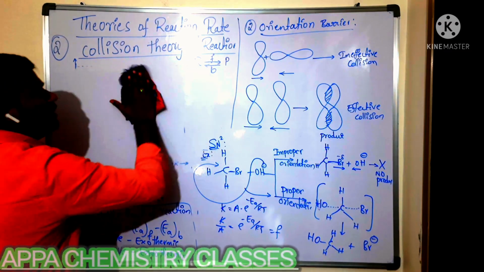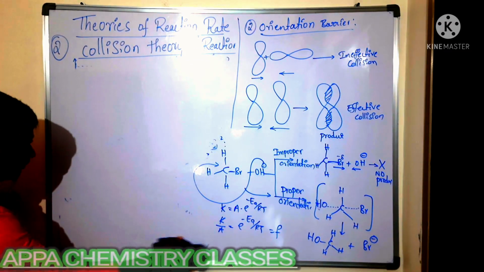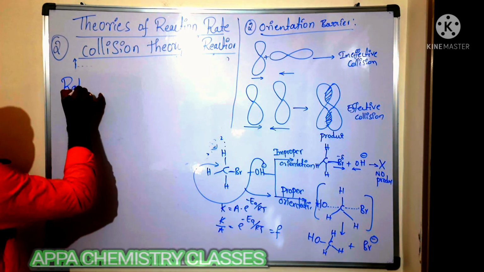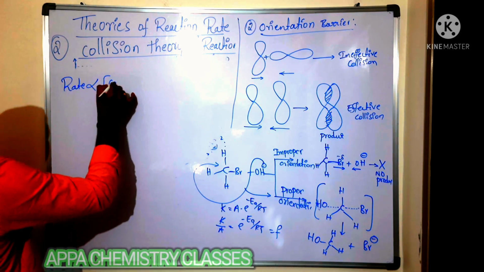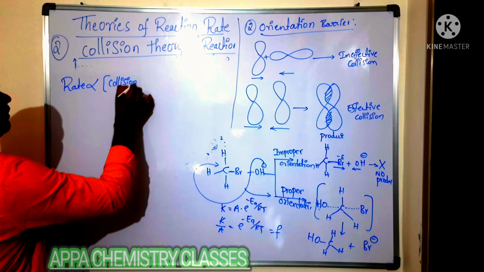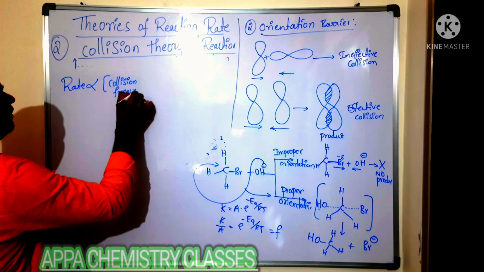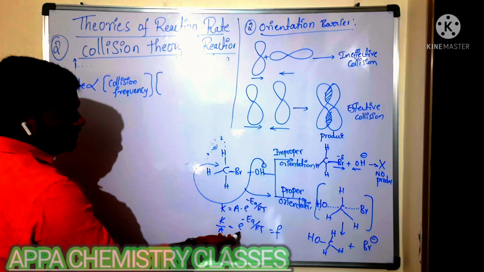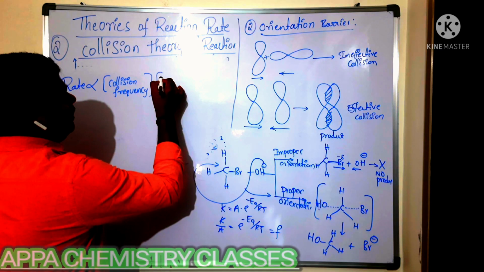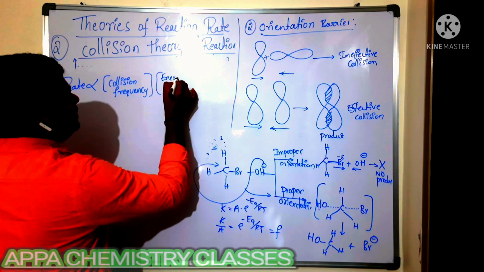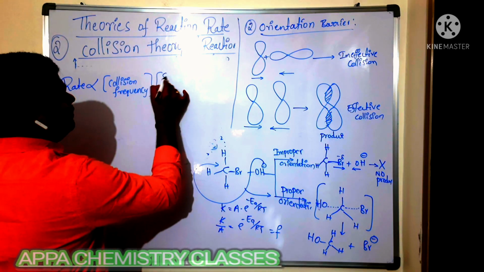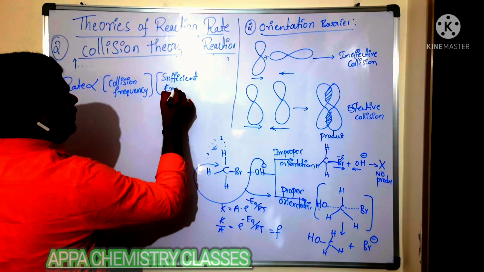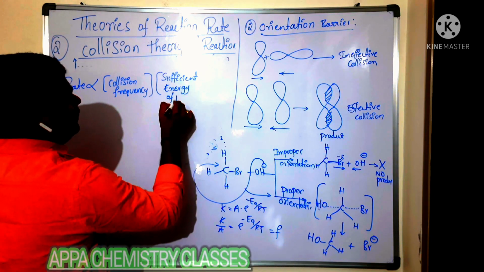Now in this case, how does the rate depend on the factors? Rate is directly proportional to collision frequency, and it also depends on the energy barrier, that is f: the sufficient energy of the reacting molecule.